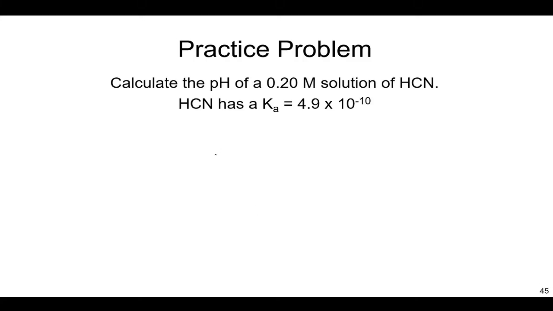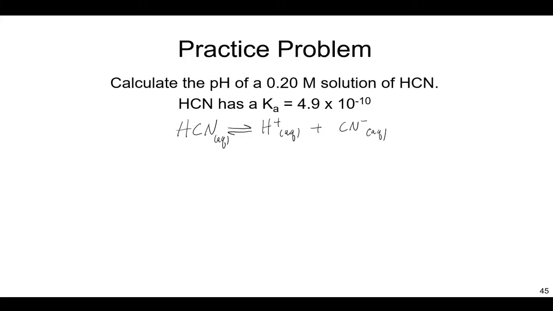Okay, so step 1 is write the reaction, HCN. You can do plus water goes to H3O plus, but I take shortcuts here and I just say, well, it's aqueous, we know it's in water, it's making H plus, that's sort of synonymous here with H3O plus. Okay, plus my conjugate base, the acid without the H plus, that's CN minus.